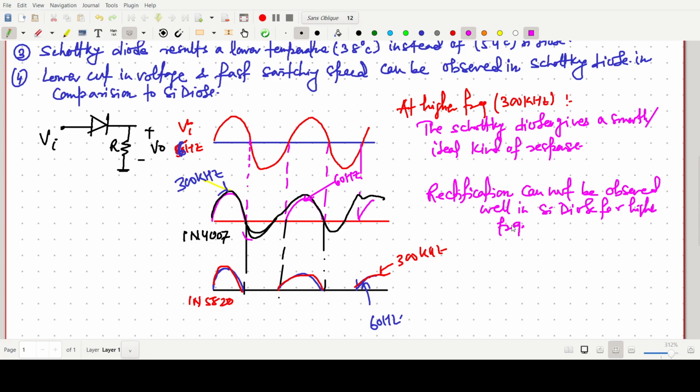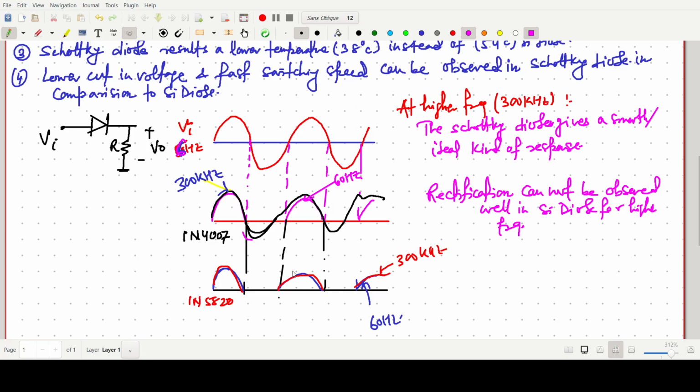So for low frequency, 50 hertz or 60 hertz, both the silicon diode and the Schottky diode work properly. But if we go for higher frequency, the rectification is not good in the silicon diode, while the Schottky gives the better result.